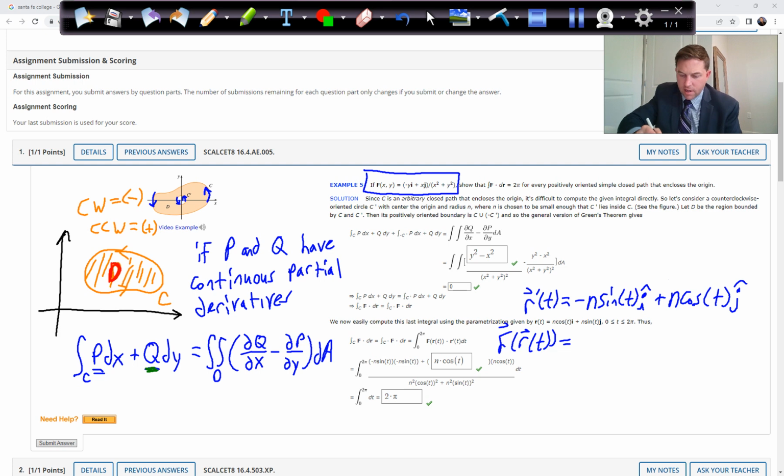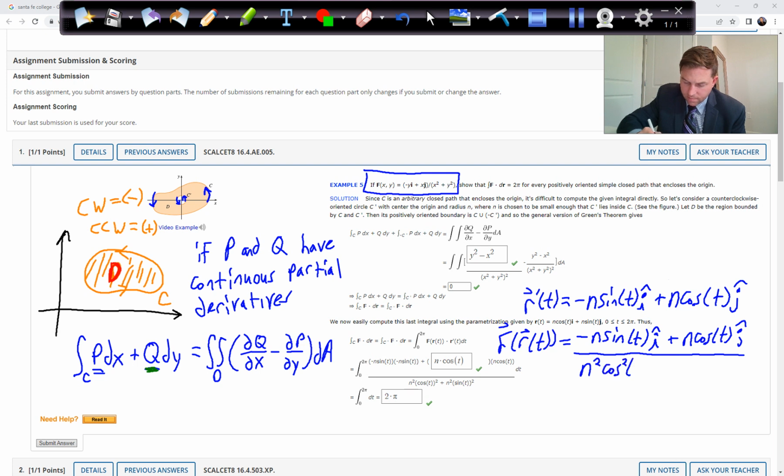So we're going to get minus y, which would be minus n sine t in the i direction, plus x, but x is n cosine t, in the j direction, divided by x squared, which would be n squared times cosine squared t.